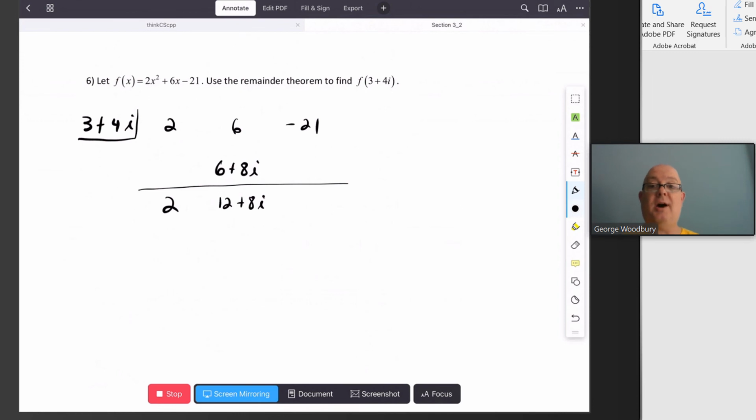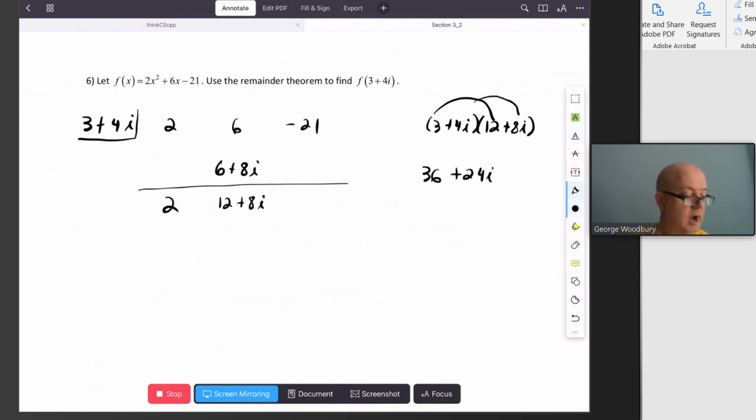Now in this last spot, I've got to multiply 3 plus 4i times 12 plus 8i. I'm going to do that off to the side. This is that FOIL style multiplication. 3 times 12 is 36. 3 times 8i is plus 24i. 4i times 12 is plus 48i.